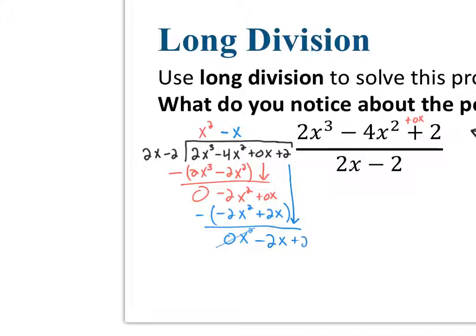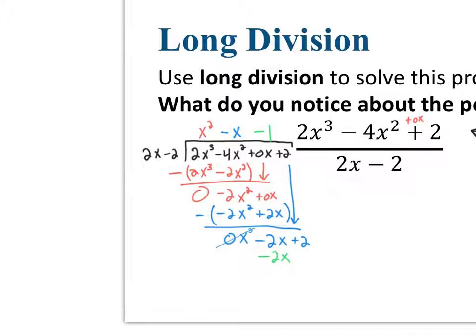It's positive 2. What do I need up top? What do I need up top so that this times the thing I'm dividing by gets me this? What gets me negative 2? Oh, that's got to be negative 1. So I'll do that in green, negative 1. Negative 1 times 2x is negative 2x.